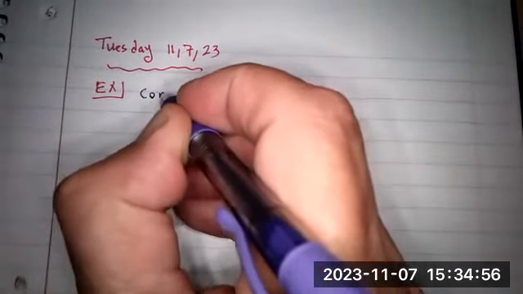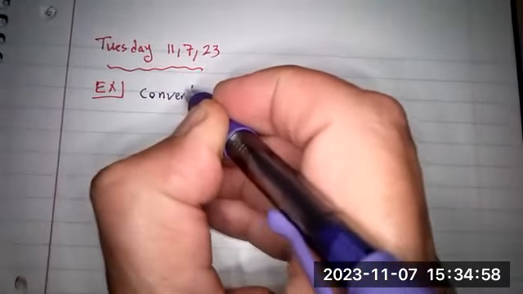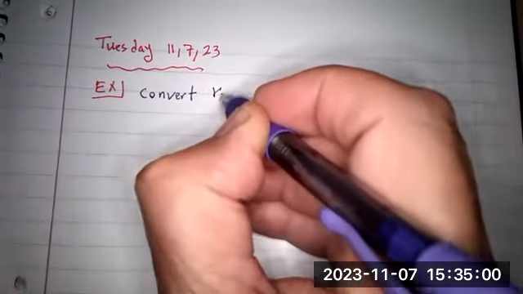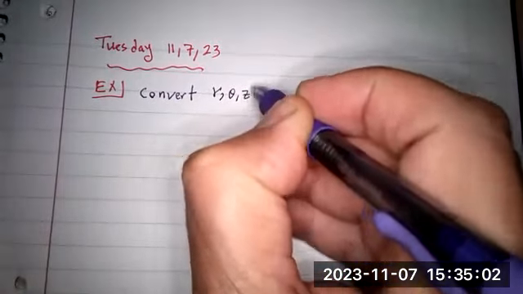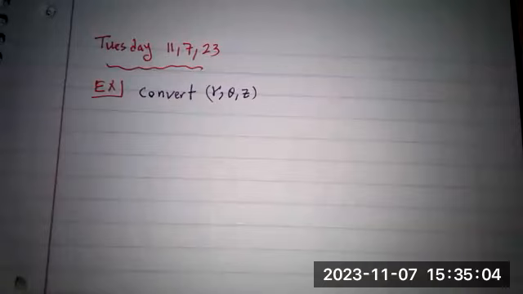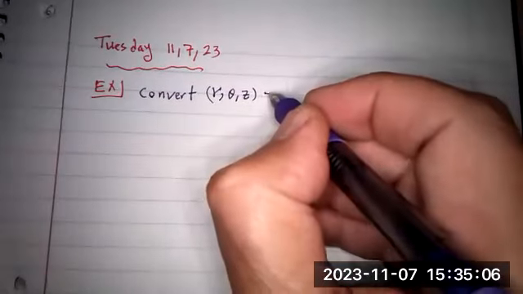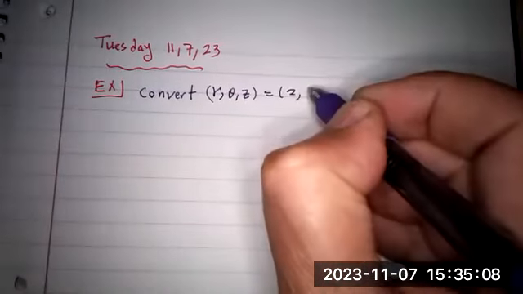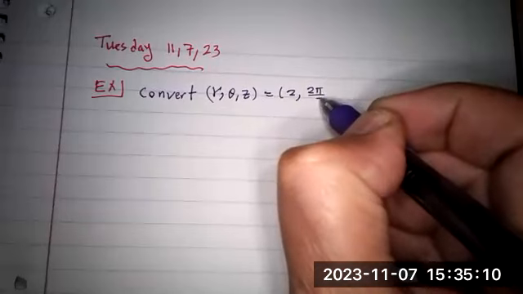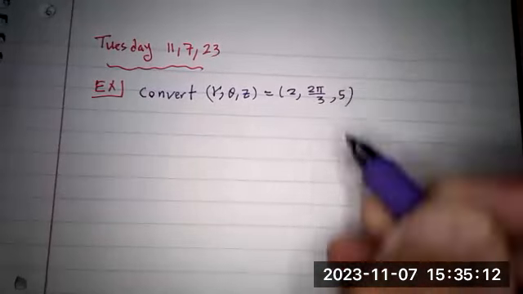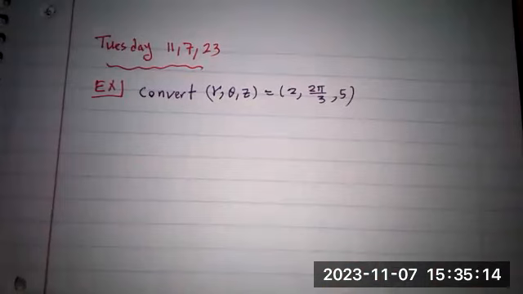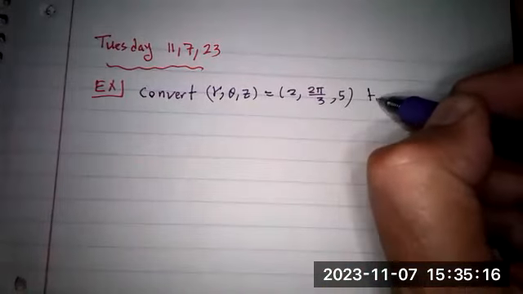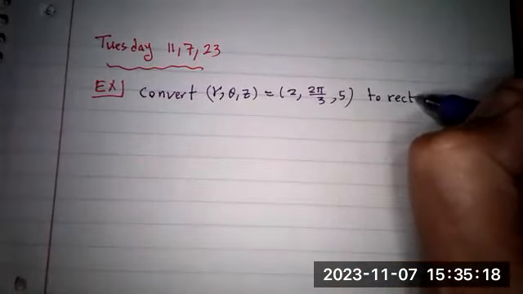Suppose you want to convert this r, theta, z, which is cylindrical coordinate. It's given to you, for example, as 2, 2 pi third, and 5. That's in cylindrical coordinates. You want to move it to rectangular coordinates.